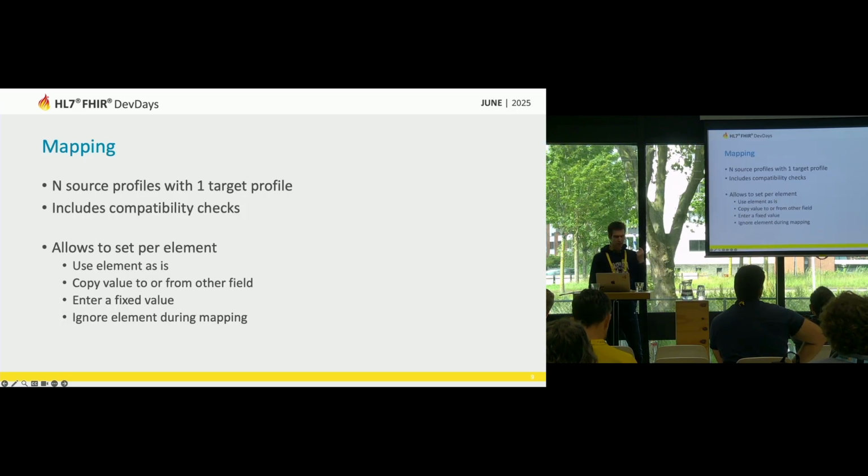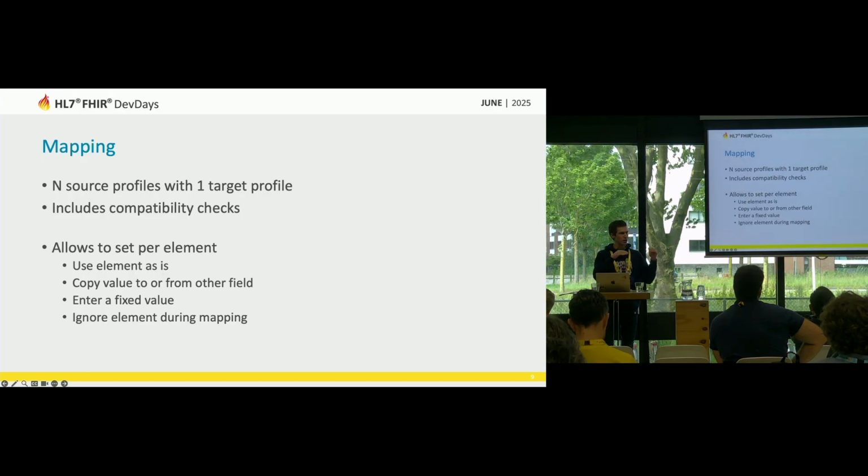For the mapping, we have basically the same as for the comparison, but we also have the option to specify what should happen with an element, like I said before. There we have the option to just leave the element as it is, copy it to the respective field, or copy it to another field. For example, when you have extensions, you want to copy the value from one extension to another, or from one slice to another.